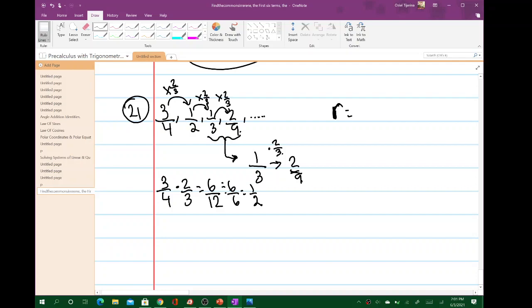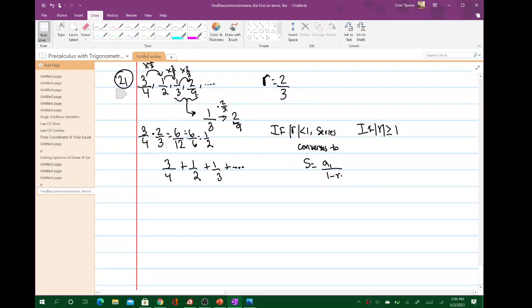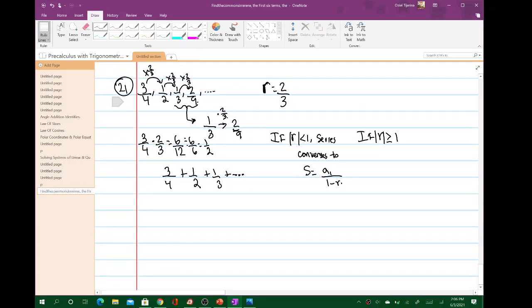But if you want to know, let's say these numbers are being added, and you want to know if the series converges or diverges: if the absolute value of R is less than 1, the series converges to a sub 1 over 1 minus R. If the absolute value of R is greater than or equal to 1, then the series diverges.